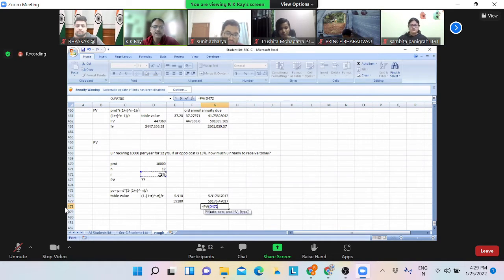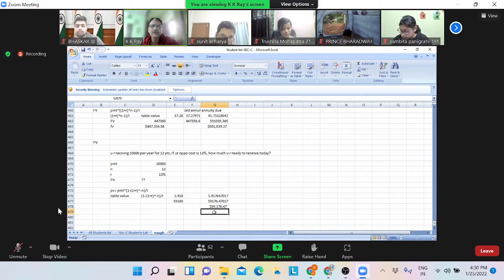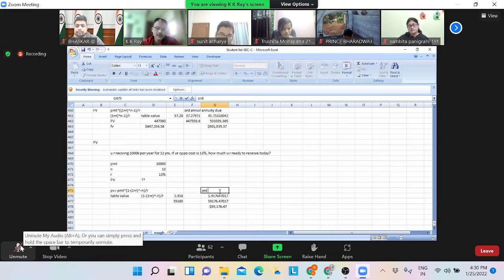The rate is 13%, 12 years, and the present value is this one. Same, 59,176.47. So this one is the ordinary annuity.